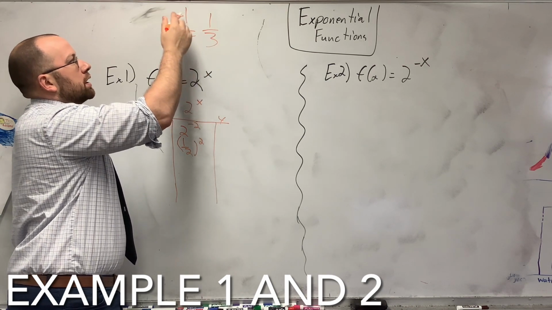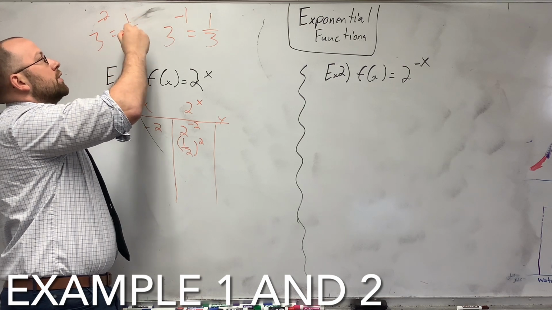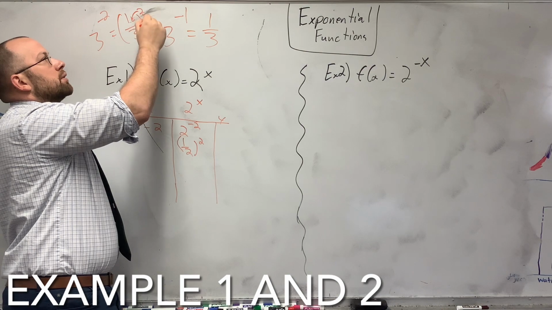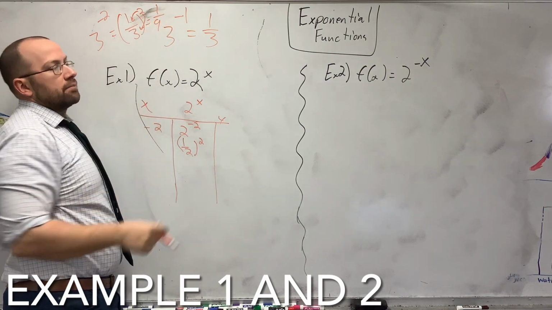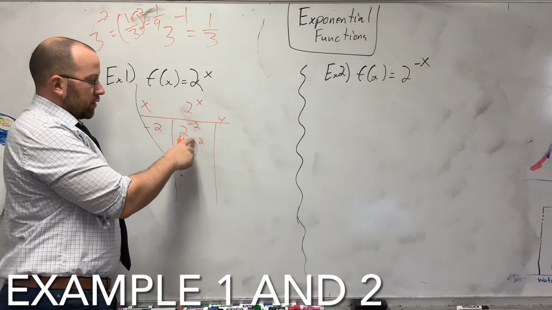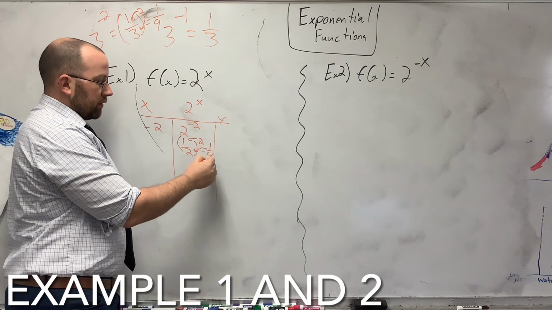If I have 3 raised to the -2, that means I have 1/3 squared. I distribute the squared to both, and I get 1/9. It's pretty simple, just takes some thinking.